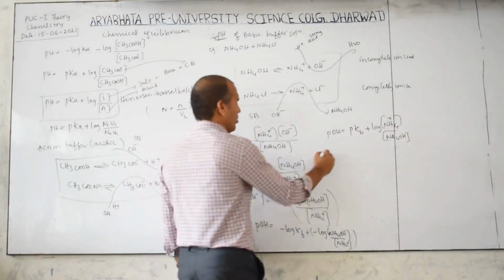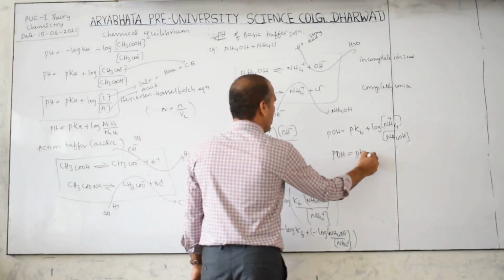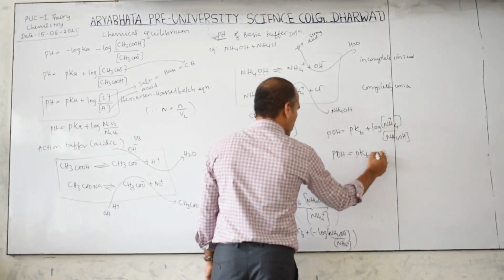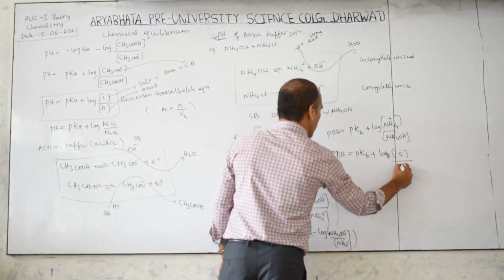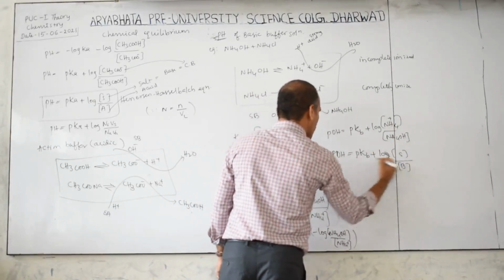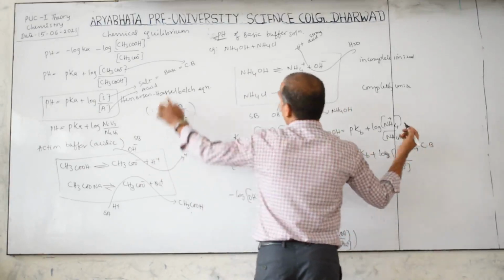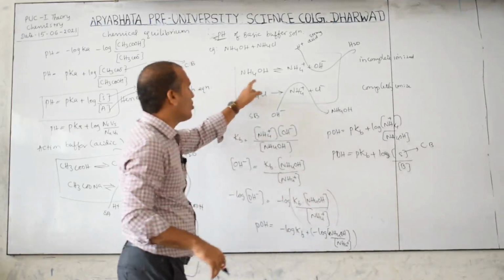Then this can be represented as pOH is equal to pKb plus log of salt concentration by base concentration, since the NH4 plus comes from the salt. Otherwise, as I may have already told you, conjugate base is expressed here. Base means it produces which one?